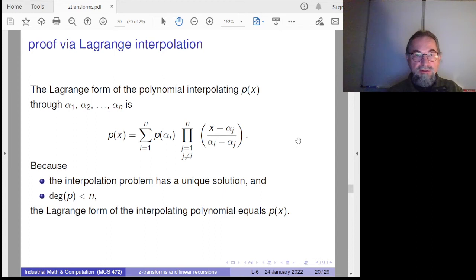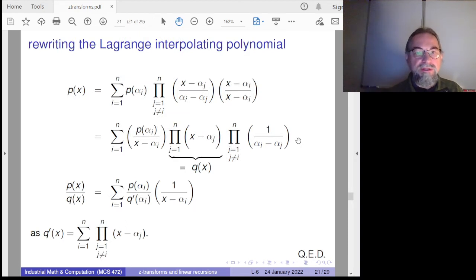What we started with, if you think about the interpolation problem, there is a unique solution. So the expression above is an identity. The expression on this slide is an identity. And that is the key to the partial fraction decomposition. Because in what follows, we're going to rewrite this expression of the Lagrange polynomial.